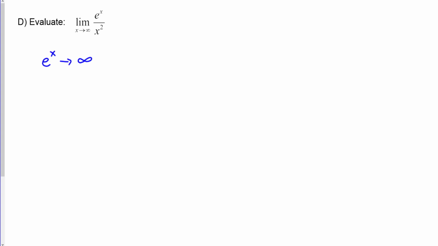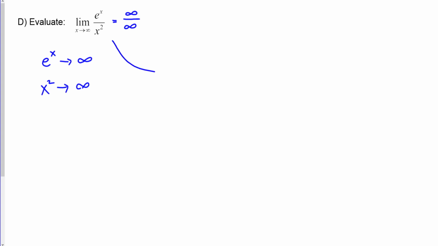And as x gets larger and larger, x squared goes to infinity. So this is the type infinity over infinity. And so what that means is it's an indeterminate form, but not one that we have to do any sort of manipulation with. We can still use L'Hopital's rule.